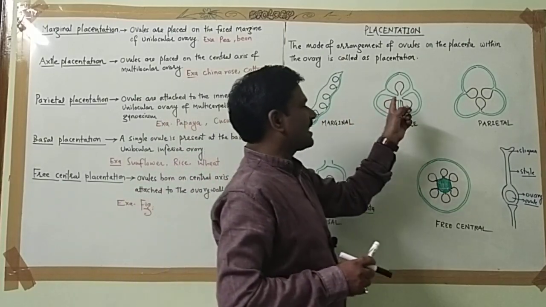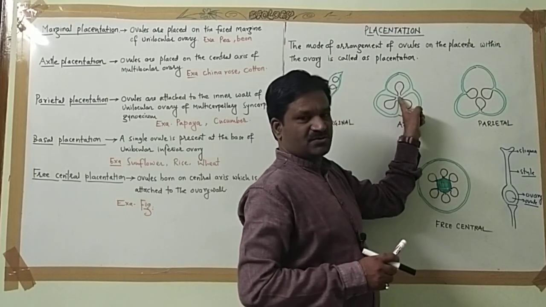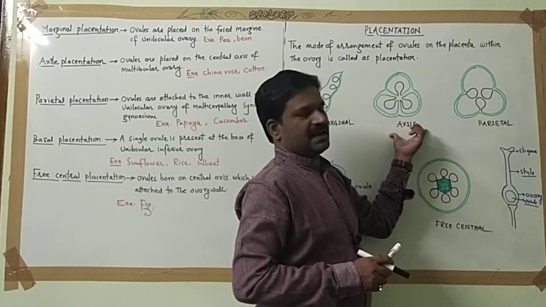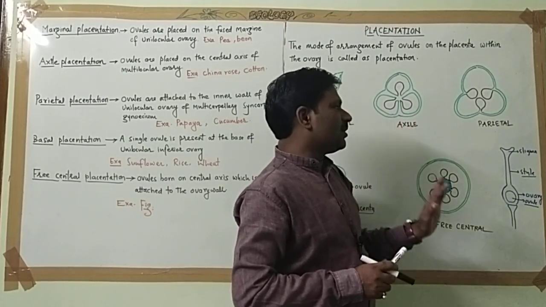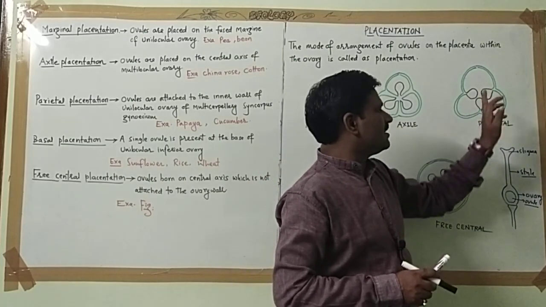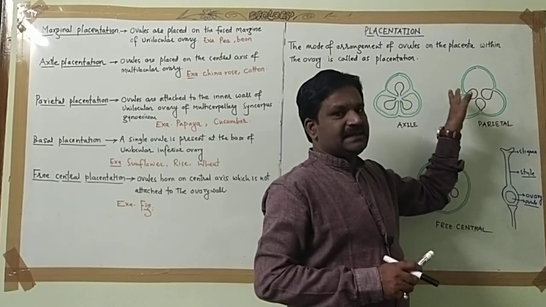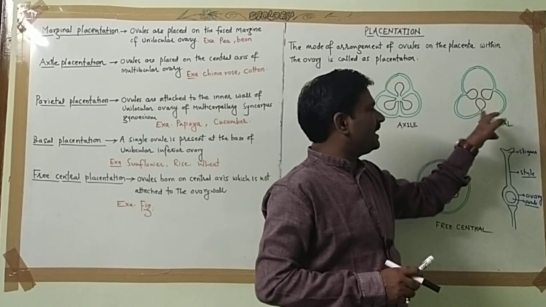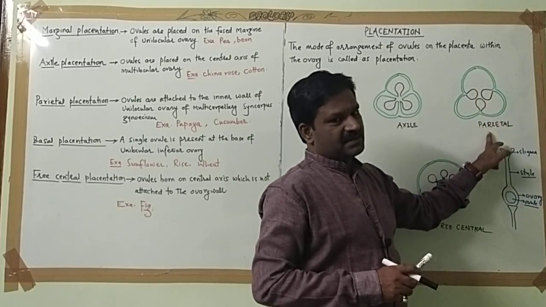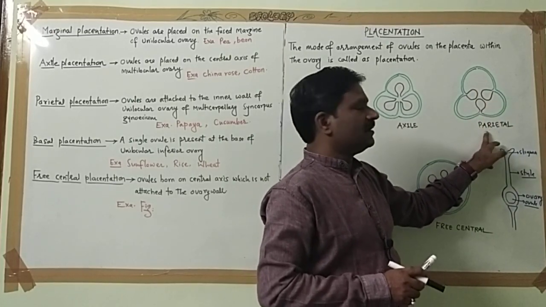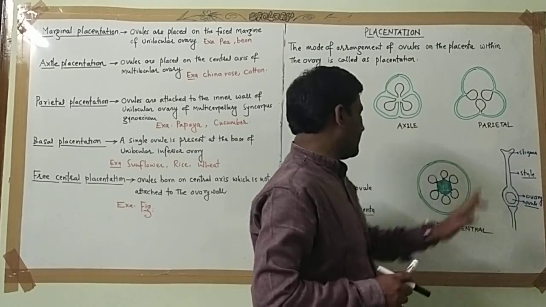If the ovules are arising from the central axis of the ovary, then that is axial placentation. If the ovules are arising from the periphery or the inner wall of the ovary, then the type of placentation will be parietal.